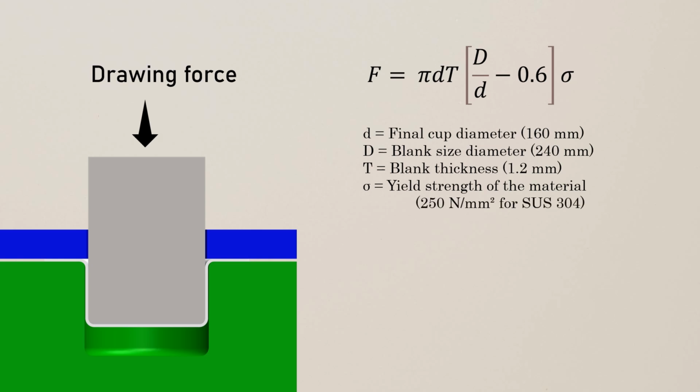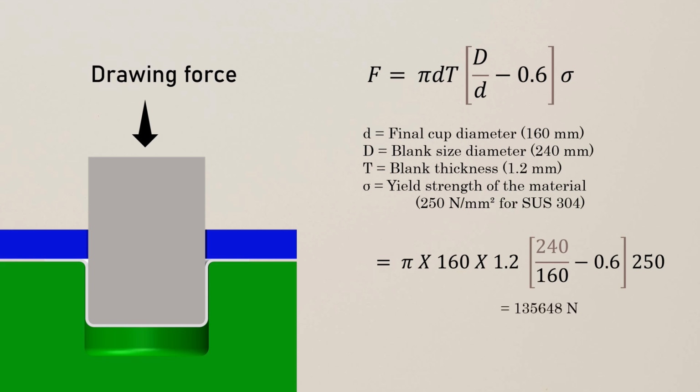For SS304, it would be around 250 Newton per mm square. So put the values in and it would be 135648 Newton.